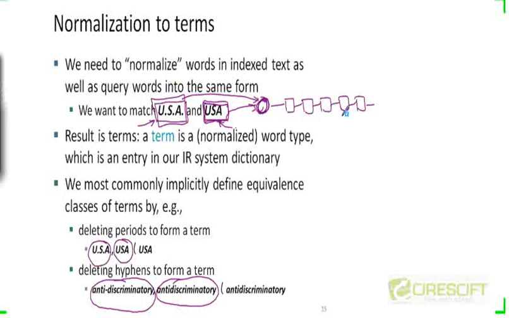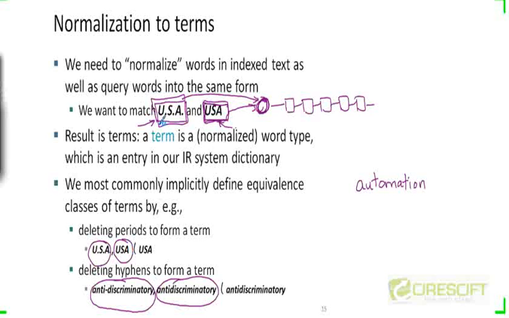Even if you enter a word like automation, you may be interested in documents that contain the word automate or automatic. So we want to somehow group together these different variants of words and collapse them into the same term in the index. So documents containing the various variants will enter the same postings list, so that if your query contains any particular variant from that set, you're going to get documents containing the other variants as well.